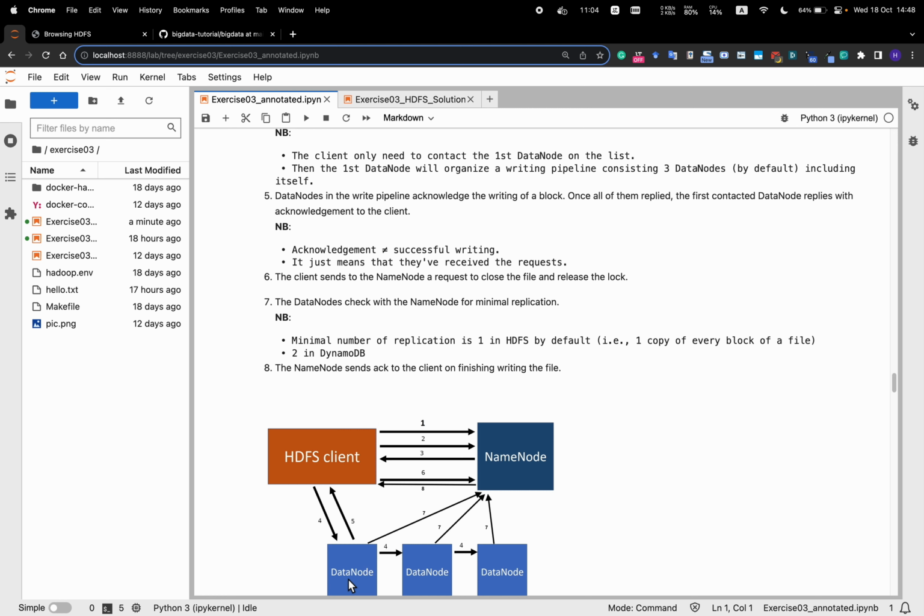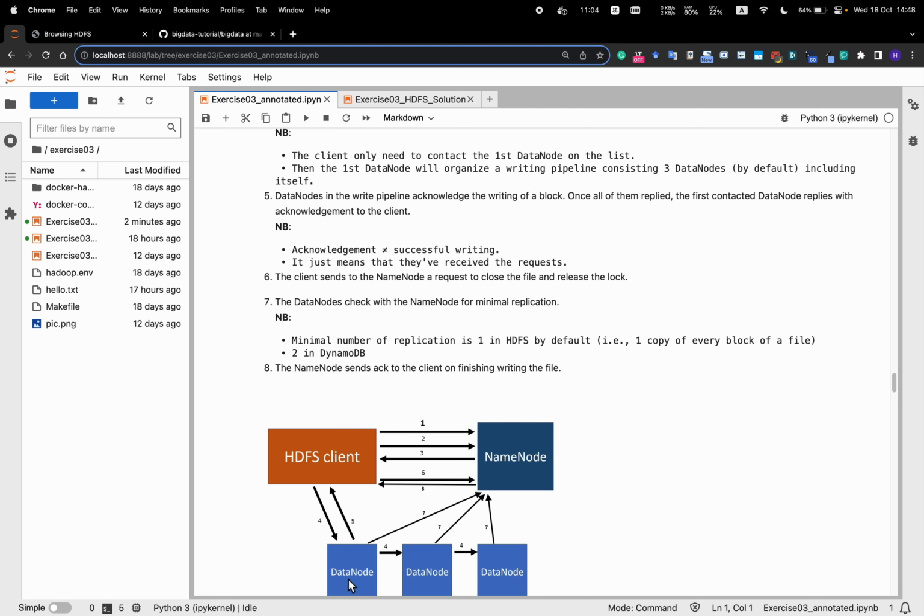And the sixth one, the client sends the name node a request to close the file, and releases the lock, and then the name node will check for minimum replica count. This is where the name node will make sure that for every block of the file the client writes, there is at least one copy stored somewhere else in the cluster.